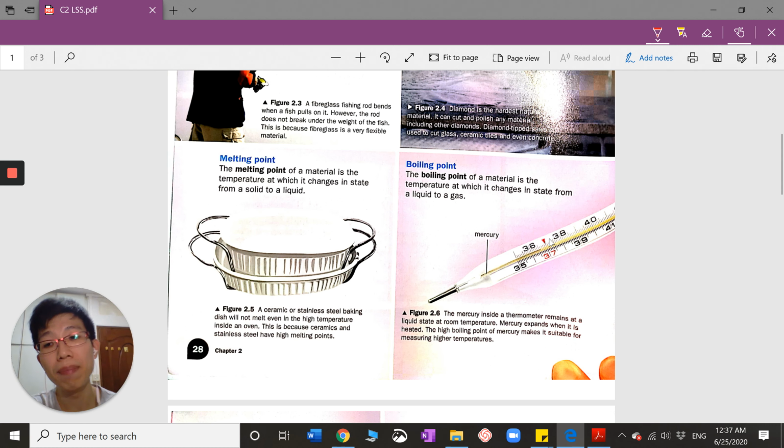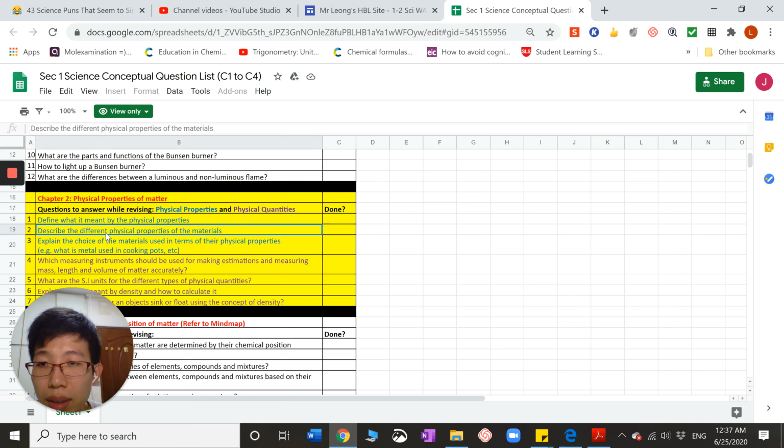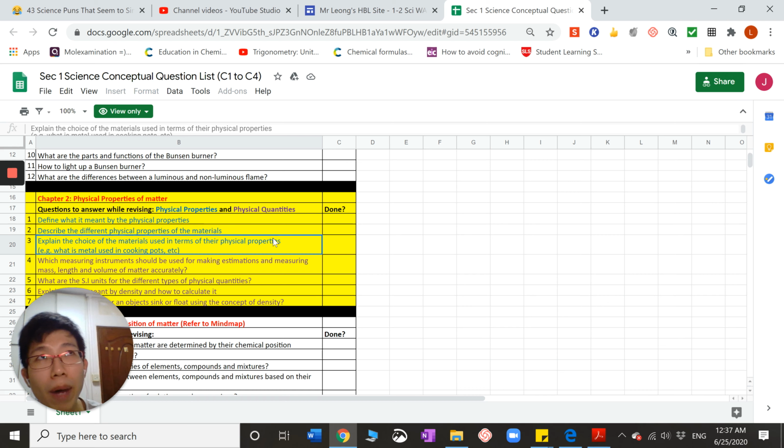You can mention that glass is transparent, so it allows us to see the readings of the thermometer when the mercury inside it moves up when the temperature increases. So this is the second point: describe and explain the choice of material used in terms of their physical property.